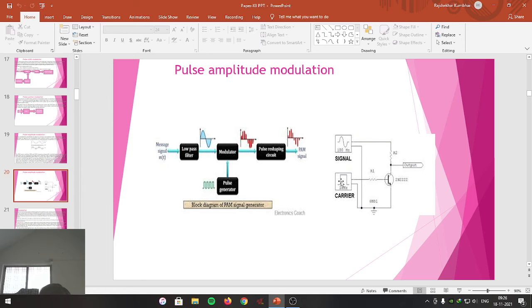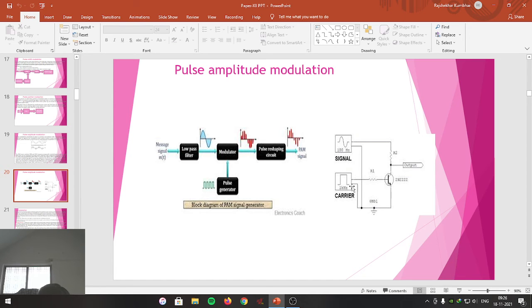Depending upon its width, at the positive edge the device will be turned on. When the device is turned on, the signal comes to the input, it is amplified, and it is made available at the output. This process continues until the pulse width is completed, meaning it goes to the trailing edge.